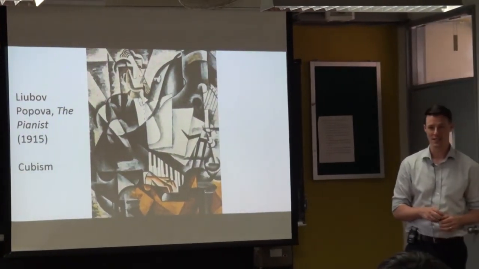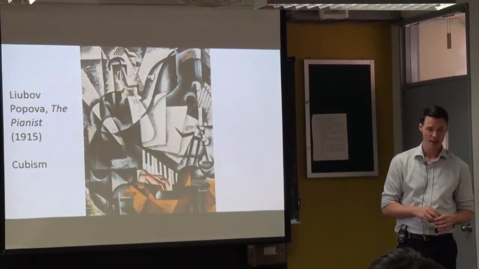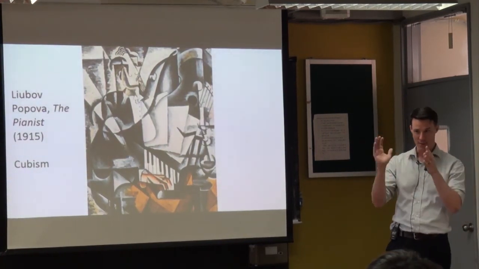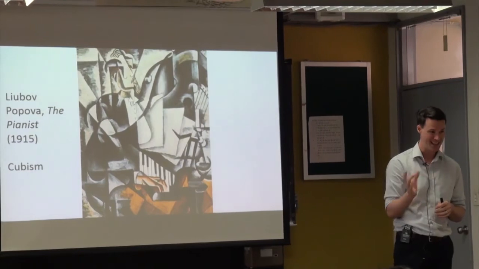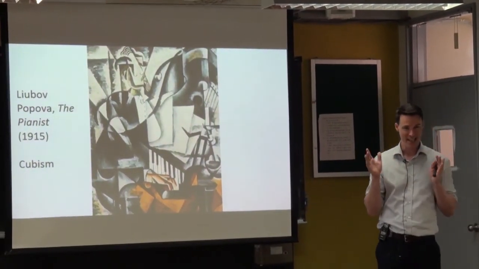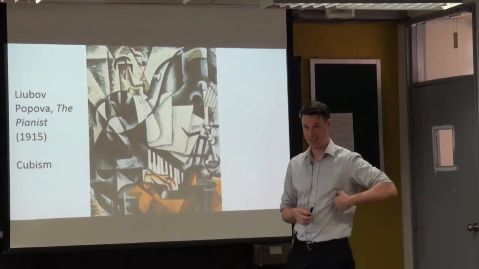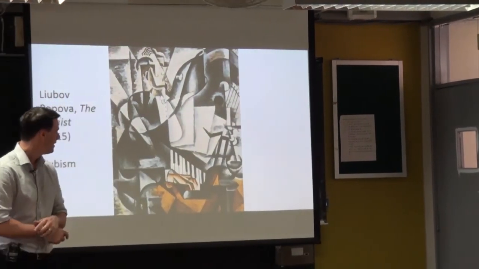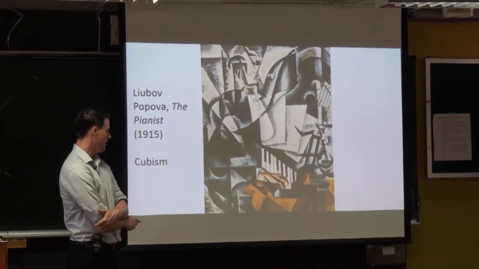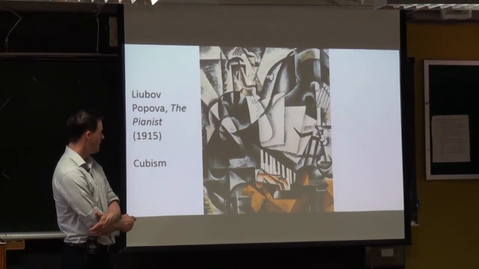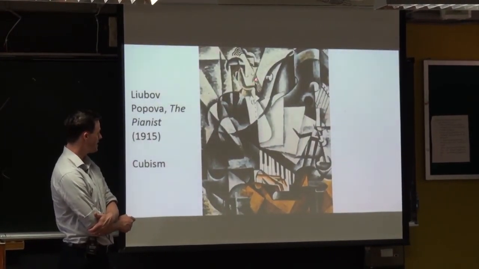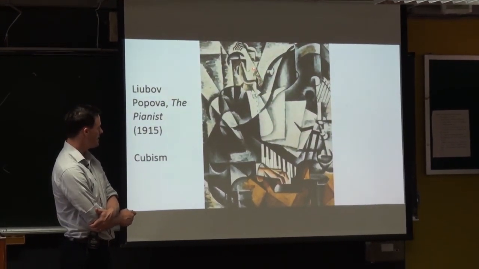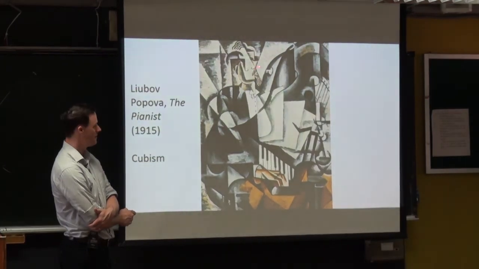Another thing that Cubism does is it tries to show you many different perspectives on one thing at the same time. What does that mean? Well, we see this guy's lips and his beard, and we see the side of his nose.